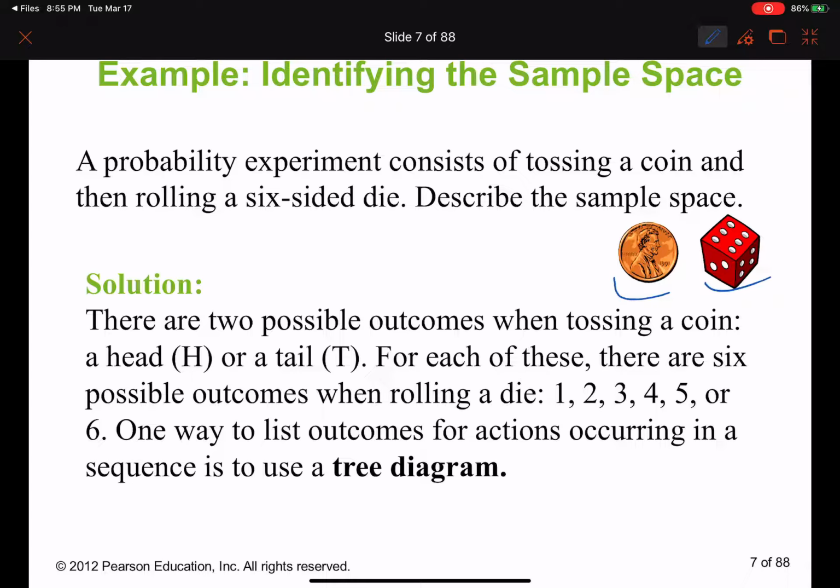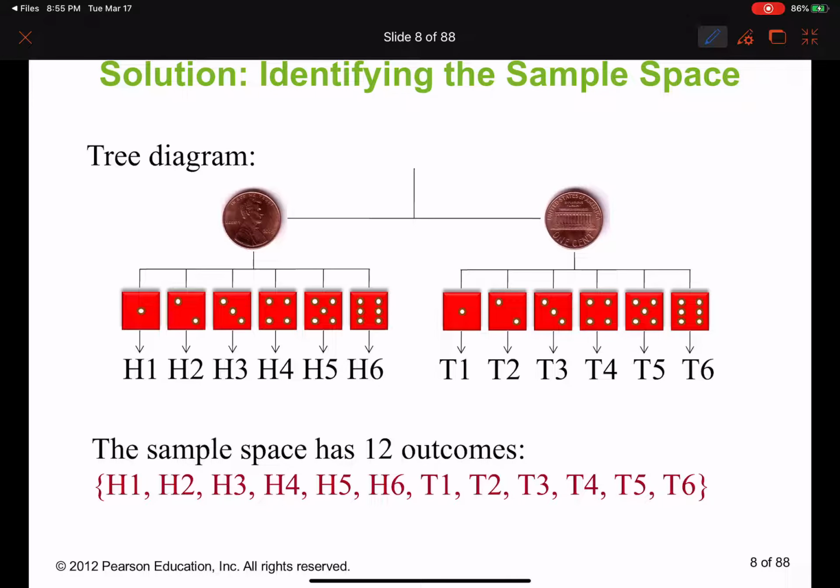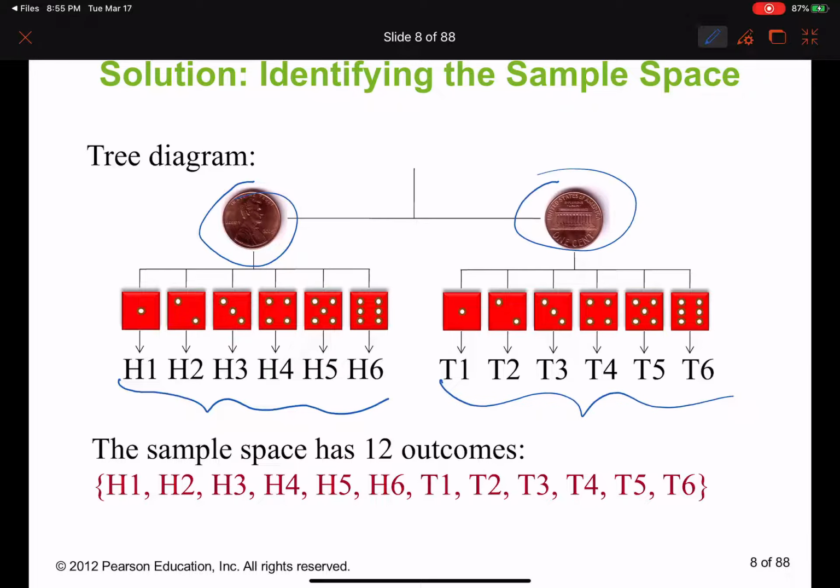But after that, when you roll a die, with head you can have 6 outcomes, head 1 through 6. The second outcome will be tail, and then tail 1 through 6, right? And the total will be 12.